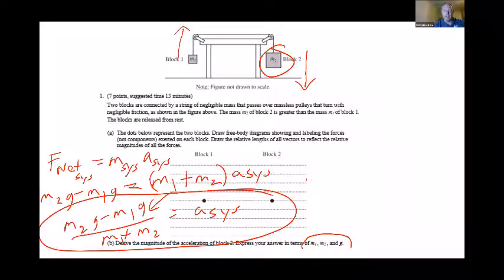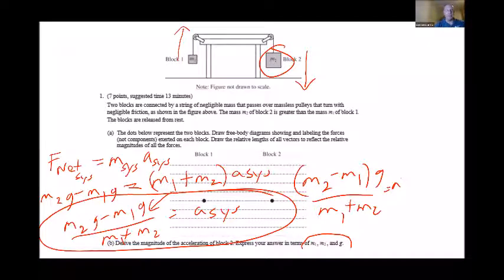So you could have written it as M2 minus M1 G over M1 plus M2 equals A. That would have worked. And you could have gone about this a completely different way by essentially working out free body diagram type questions for each one of these.